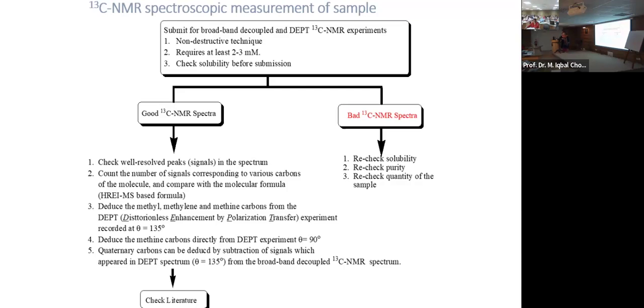And DEPT, so we are using DEPT. I was telling you, in proton NMR we can integrate. We know the number of hydrogens. In C13 NMR, we cannot integrate. This NMR is not for that purpose.